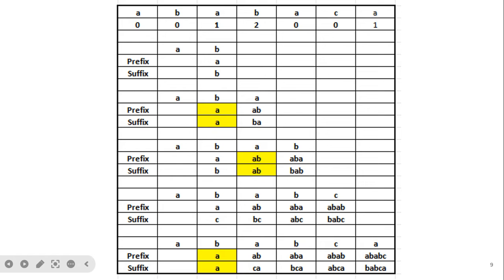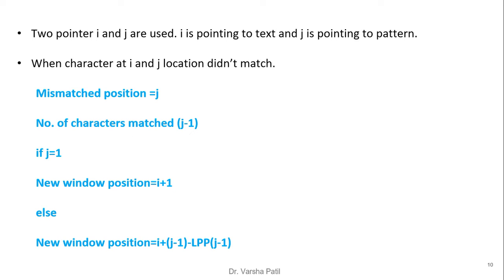Now we will see how this LPP table is used when we want to slide the window from left to right. So here 2 pointers I and J are used. I is for text and J is for the pattern. When the characters at I and J locations don't match, the mismatch position is J. Number of characters matched is J minus 1.